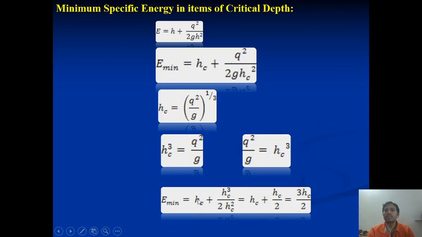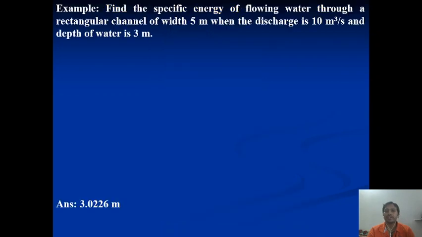So we insert this value: Hc plus Hc cube upon 2 Hc square. Similarly we can cancel, then we get the equation Hc plus Hc by 2, so we convert it into 3 Hc by 2. So E minimum, the minimum specific energy, we receive with the help of the equation 3 by 2 Hc. It means if you know the critical depth in any channel, then you are able to find out the minimum specific energy.